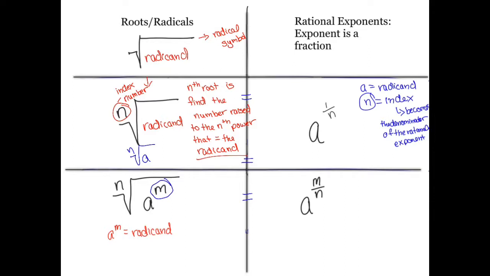So first things first on that, I want to show that this is one way of writing it, but we could also write this as the nth root of a raised to the m power. So those two things are equal to each other. And both of them are equal to this form right here with the rational exponent. So you can see that n is the index number, and it's in the denominator, and then m is the exponent of the radicand.